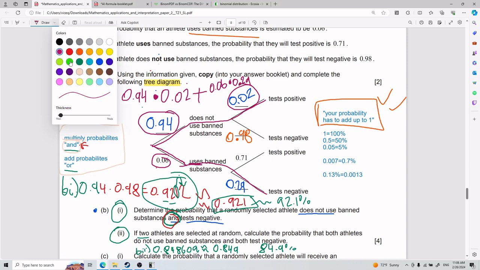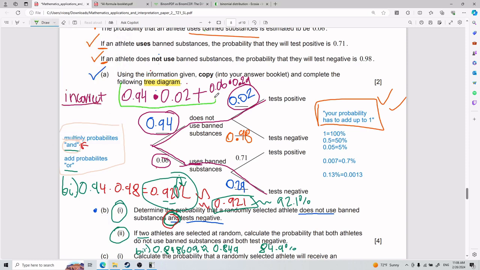Again, I know this is confusing, so let me go over it just one more time real quick. We have that, for the first scenario of incorrect, they do not use and test positive. So do not use and test positive, or use and test negative. Okay, that is the explanation of each of the numbers, why it's multiply, why it's add. See?